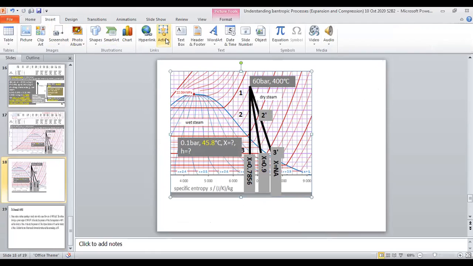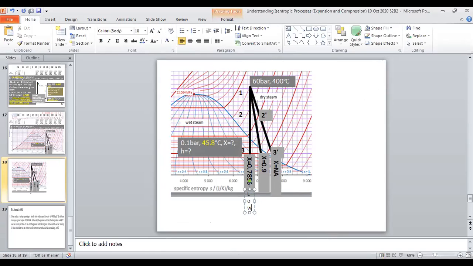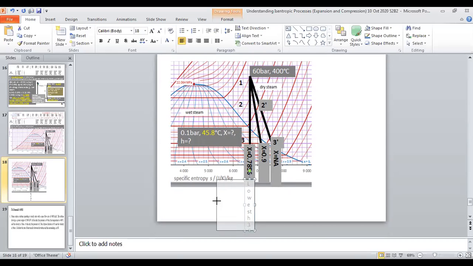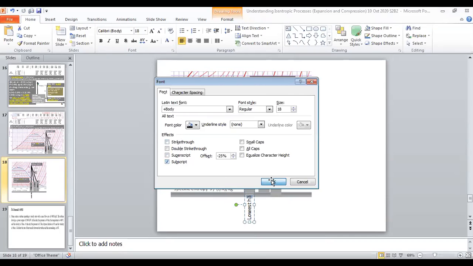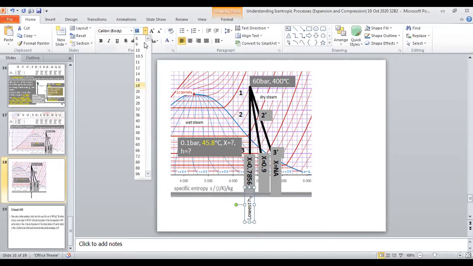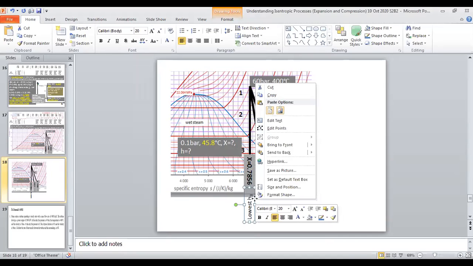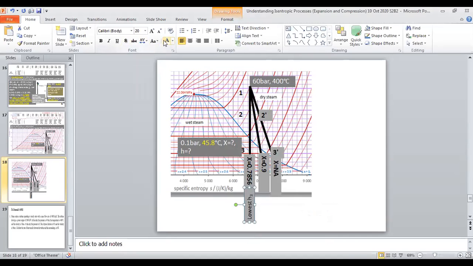So here you have the lowest H3. The lowest H3 is here. Lowest H3. So that is isentropic. Okay.